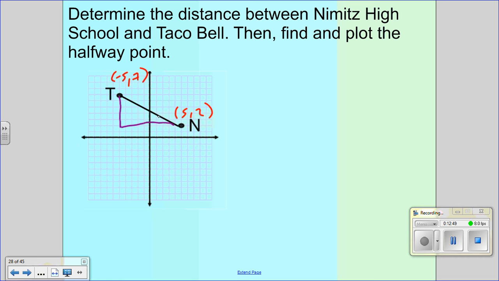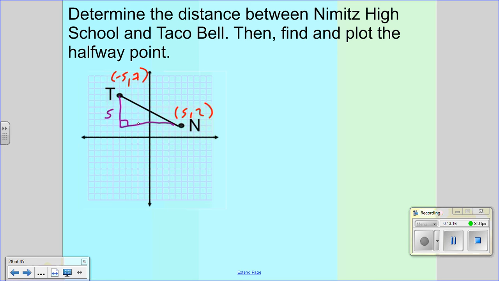Sorry, that's not as straight as I would love it to be. Now, if you form the right triangle, this is another process that you could use to find the distance. Count the side on the right here. It's 1, 2, 3, 4, 5. So this would be 5.